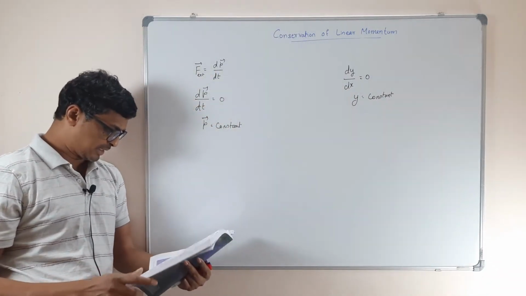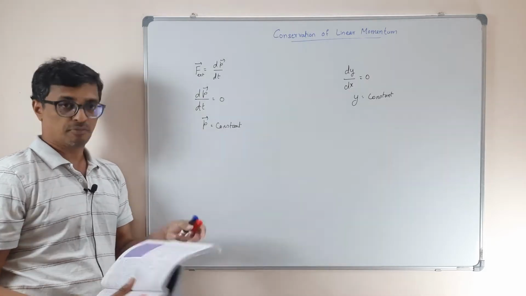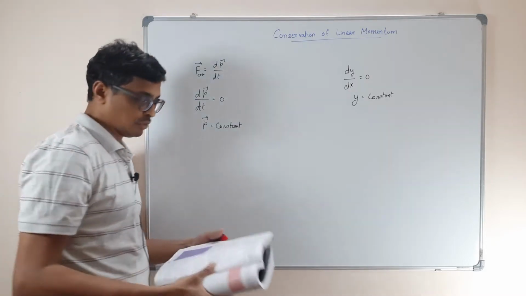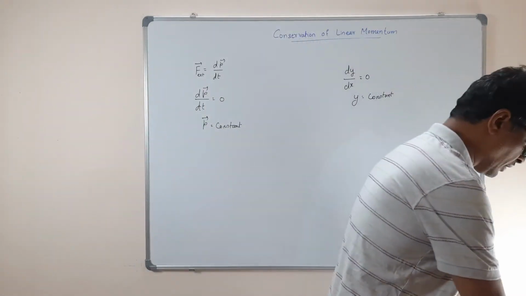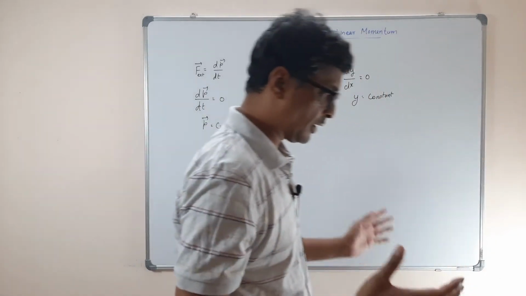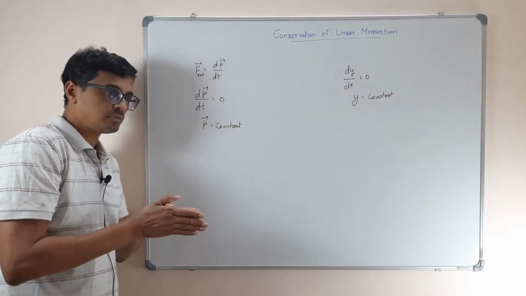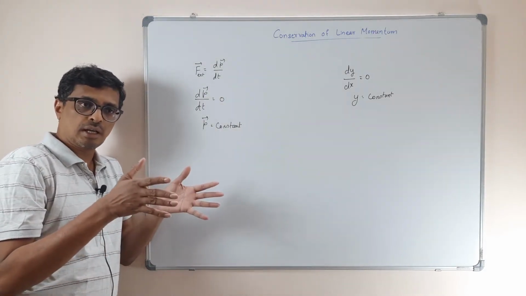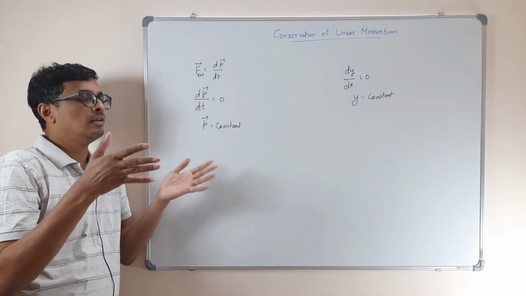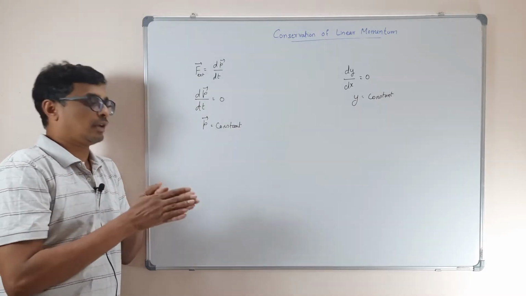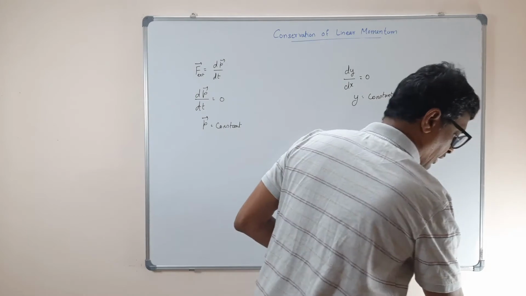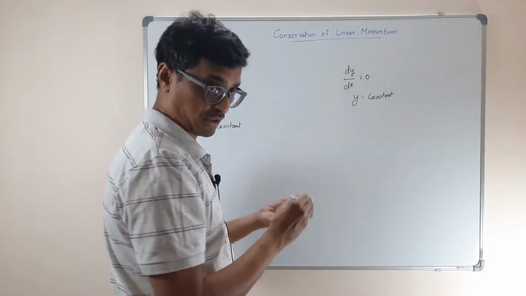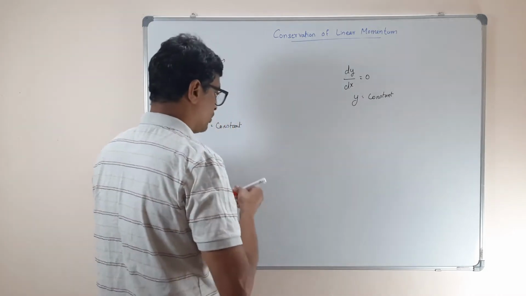What do you mean by a system? A system of objects, what they call an isolated system. For example, let us take molecules in a box.